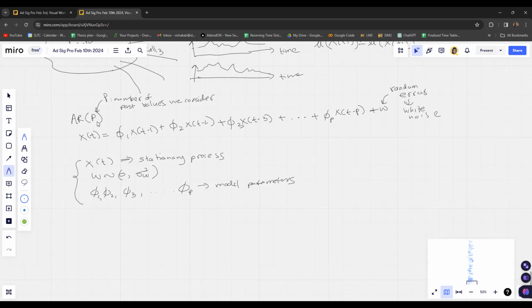So this is a mathematical representation of this combination of variables. Xt minus 1 denotes the random variable that consists of all the signal values that you take at t minus 1.